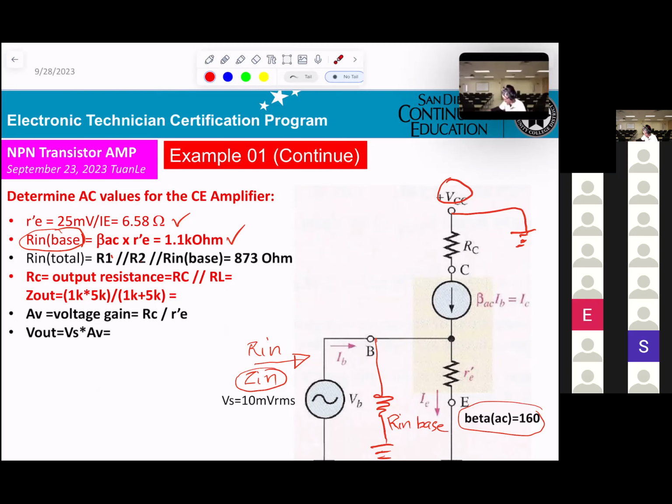They do not calculate that. They are looking at the base, how many resistors. You get R1 parallel R2 parallel R in base, not this one, not this one.